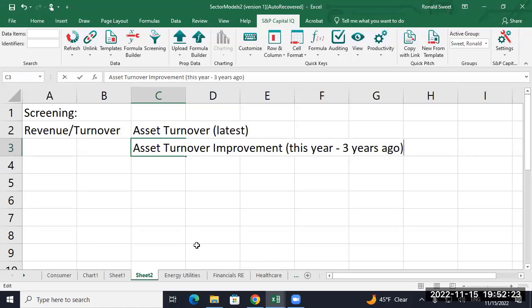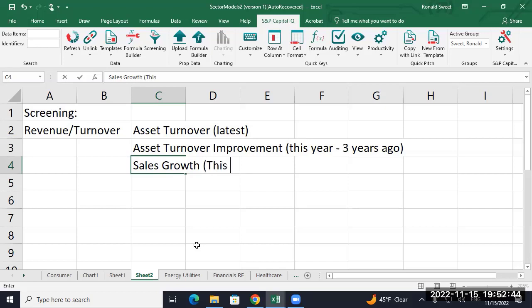So you just have to bring in 2 columns of this stuff. And then I like to bring in sales growth. Bloomberg has an account that has 3-year sales growth. It's just the CAGR of sales growth. I don't think Capital IQ does. So for Capital IQ, what would you have to do?